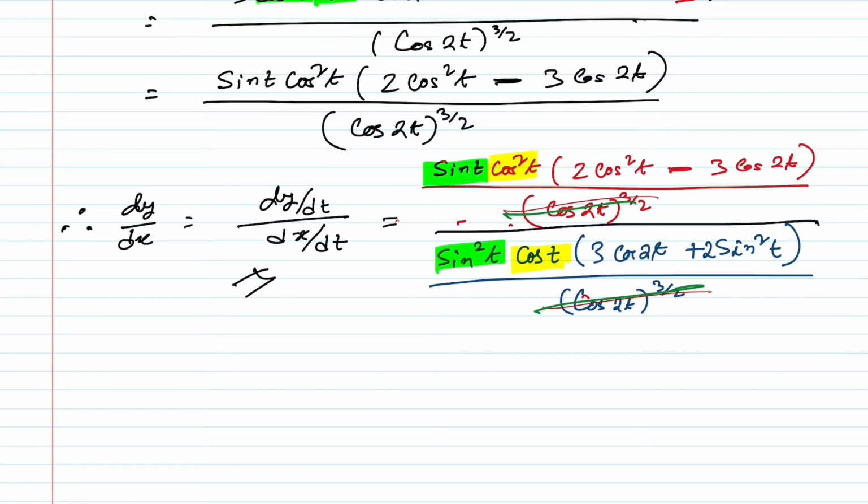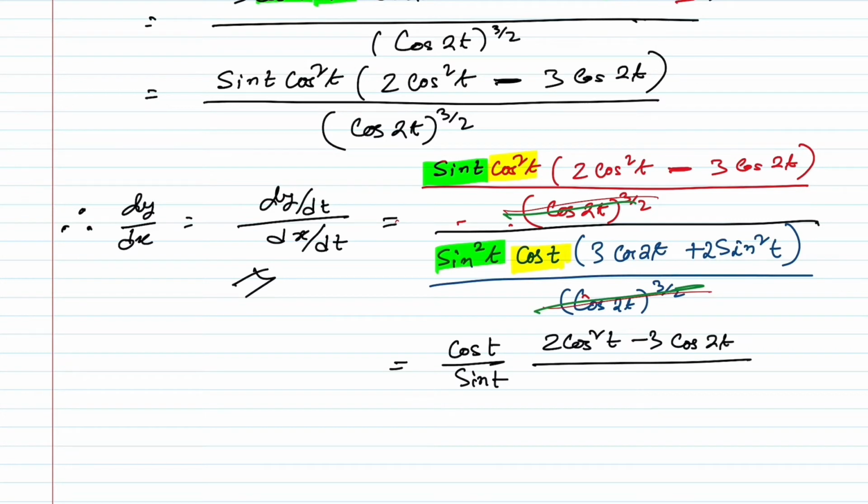So our result is going to be equal to cos t here and sin t here, over 2 cos square t minus 3 cos 2t, and the denominator is 3 cos 2t plus 2 sin square t.